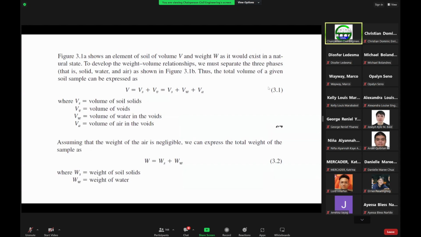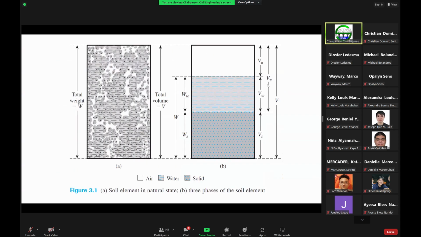If we go back to the figure, the porosity is the volume of voids over the total volume. That means the higher the porosity, the higher is the volume of voids in comparison to the total volume.